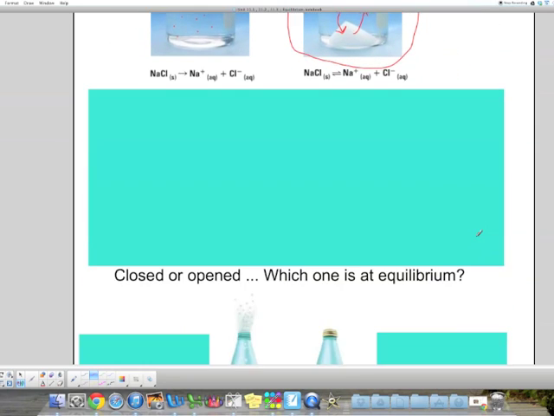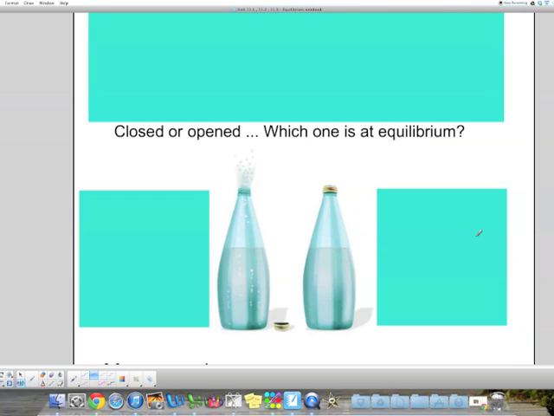Example number two, open or closed, which one is at equilibrium? So this one obviously is the open one, this one is the closed one. If you remember, we said that to have equilibrium, we need to have a closed system. An open system is not good. You keep losing matter as it is because there's gas fizzing out of it.